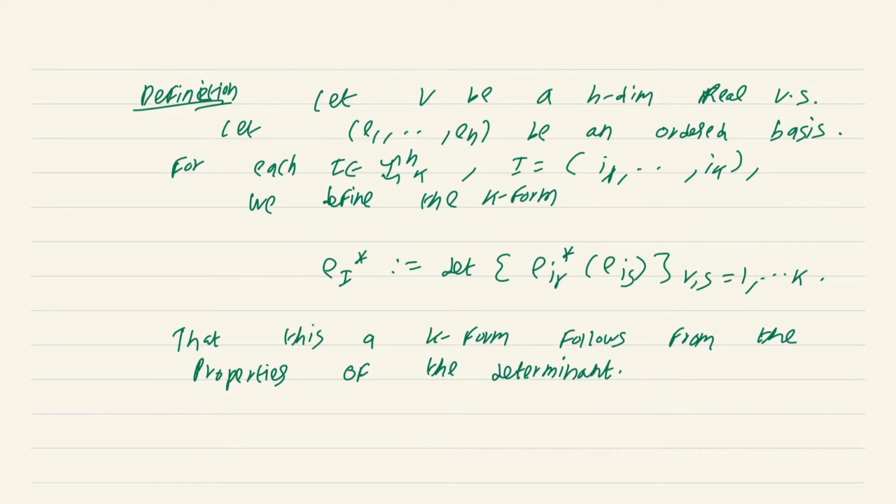Okay, now you are in a position to solve the previous exercise. Show that e_I^* of e_J is 1 if and only if I equals J and otherwise 0, exactly like how the dual basis vectors e_i^* behave.